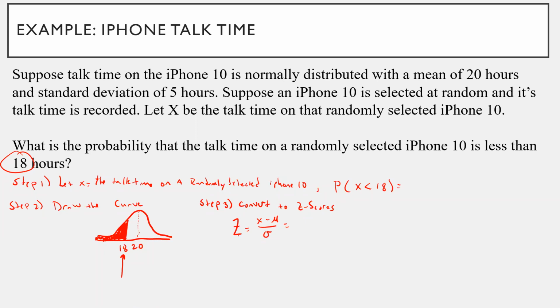Well, that's 18 minus 20. And what was the standard deviation for talk time? 5. So this ends up just being minus 2 divided by 5, which is minus 0.40. So always go out 2 decimal places. Okay. If you need a calculator to do that, that's totally okay too.